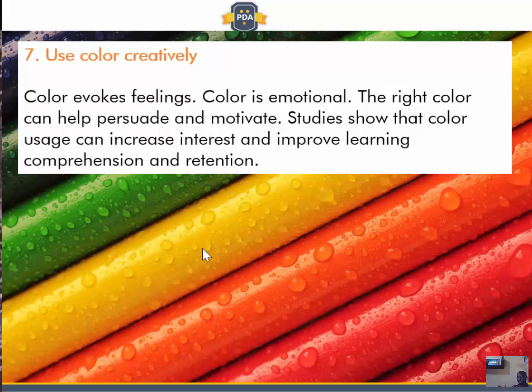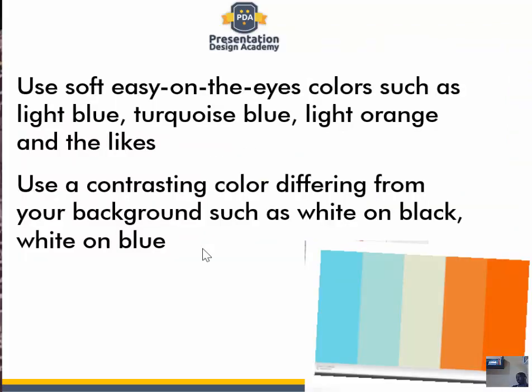Color red to a group of doctors stands for life because it's the color of blood. Color red to a group of bankers stands for deficit. So you must use the right colors for the right audience and make sure you use colors to send your message across. Okay. Now let's look at how to use these colors.